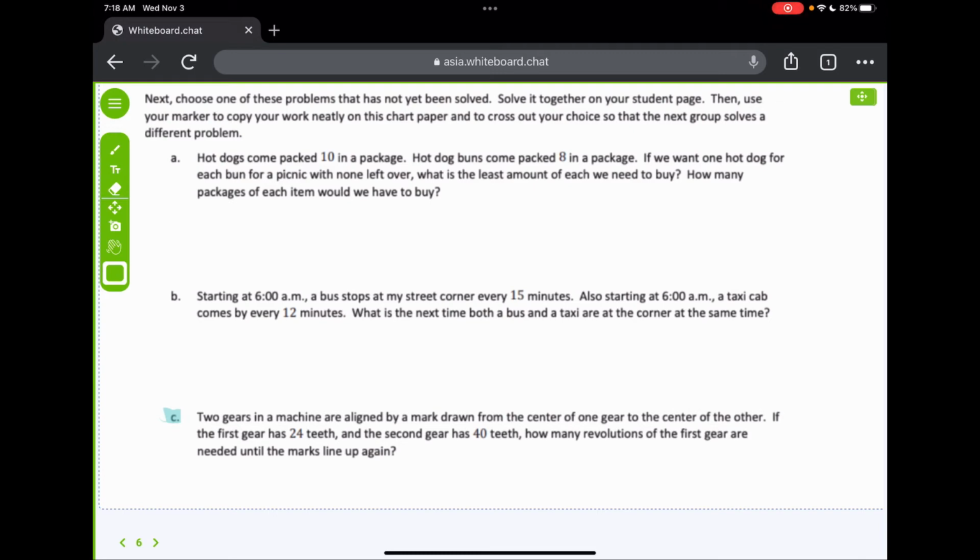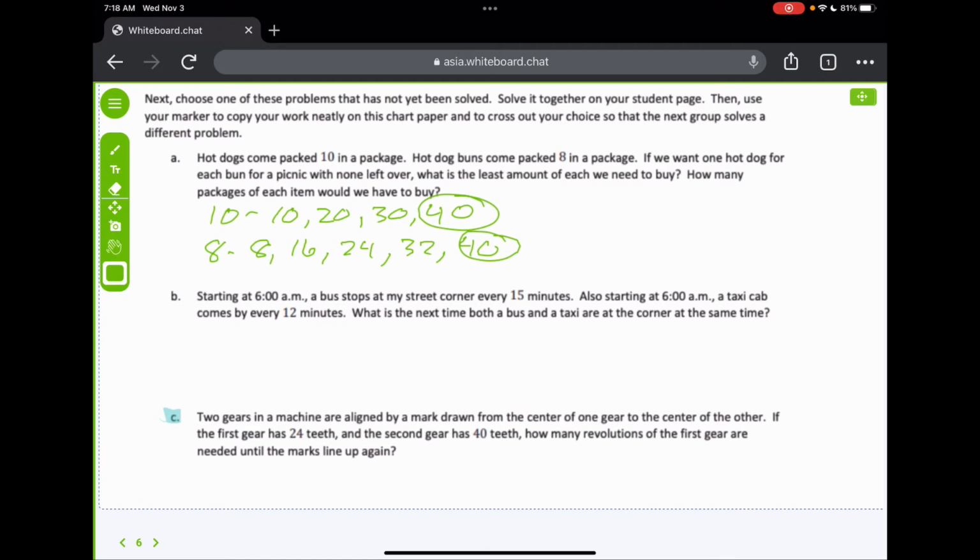So let's do that. If we list 10s and 8s, 10, 20, 30, 40. Hopefully you know that you're going to have 8, 16, 24, 32, and 40. There we go. So now you don't have to buy 10 hot dog buns and 8 packs of hot dogs.